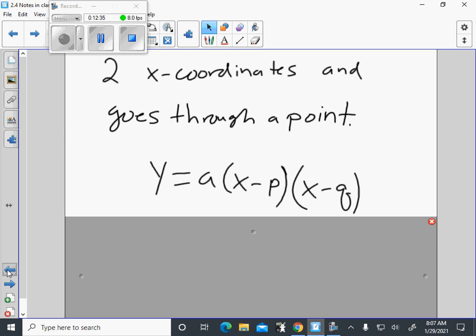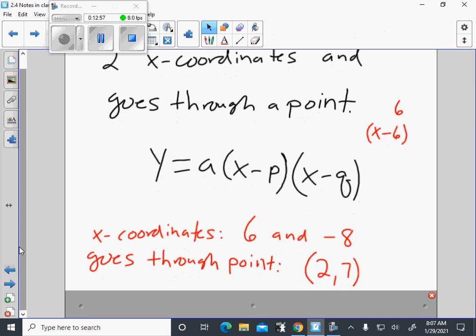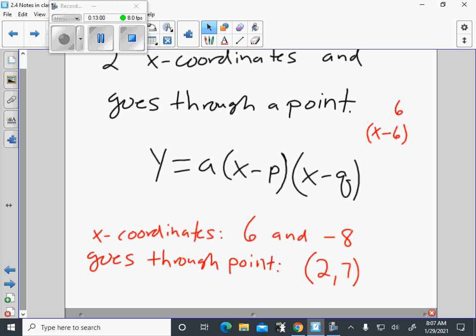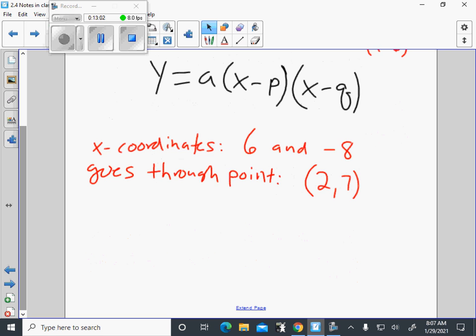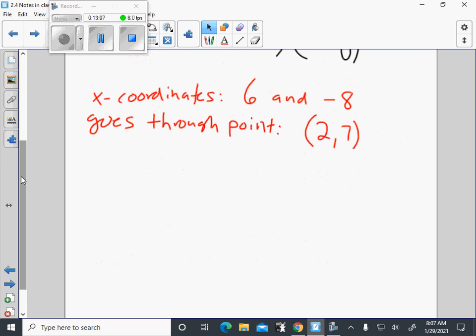Remember, when we were doing our x minus h, it was the opposite, right? If our x coordinate was positive 6, then our factor was x minus 6, right? Same goes here. So we have, let's see, our x coordinates are 6 and negative 8, and they go through the point 2, 7.